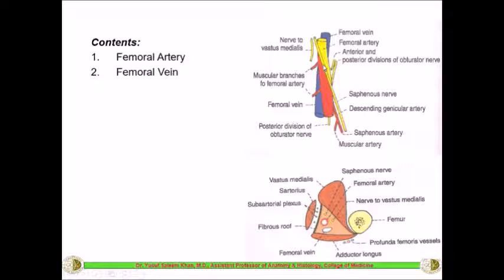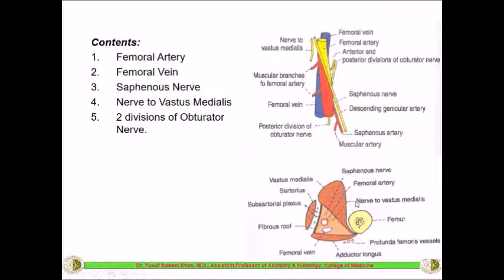Then the long saphenous nerve, and here also you can see in the cross section the long saphenous nerve. Then the nerve to vastus medialis, and two divisions of the obturator nerve. So here are the anterior and posterior divisions of the obturator nerve.